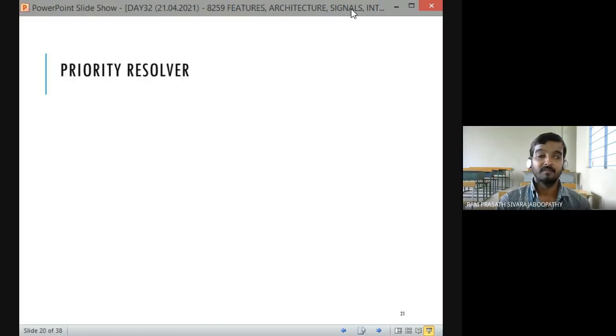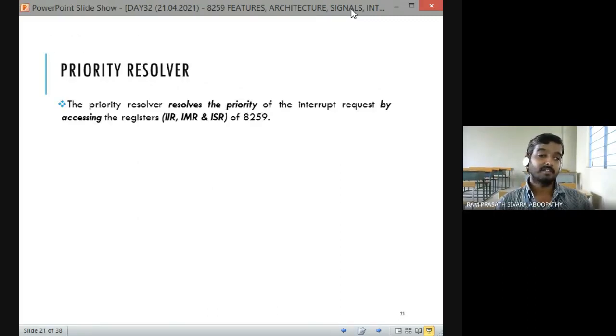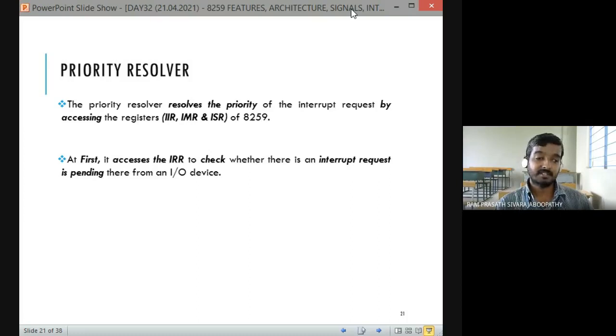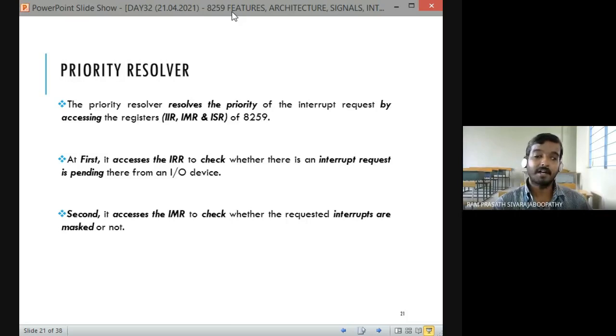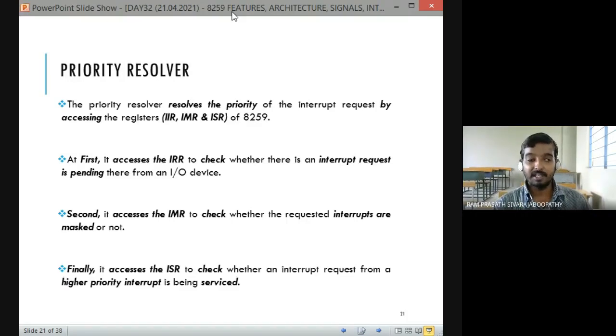Okay, fine. So coming to the priority resolver. It accesses the three registers IRR, IMR and ISR and resolves the priority of the interrupts. First it accesses the IRR to see which interrupts are pending. Yes, that it has to understand.